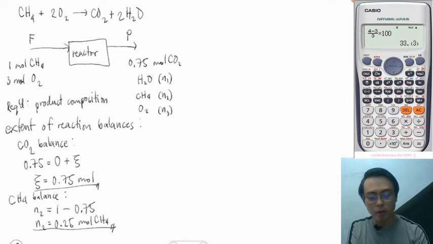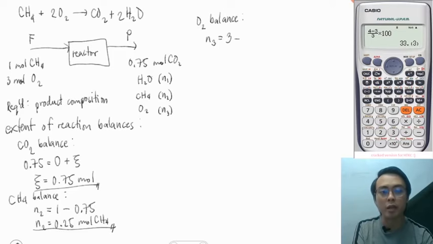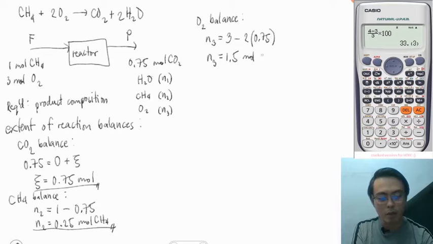Let's move on with the oxygen balance. Output N3 is equal to input 3 plus or minus. This is minus because oxygen is a reactant. The coefficient is 2 multiplied by the extent of reaction 0.75. So this is 3 minus 1.5, which is 1.5 moles oxygen.